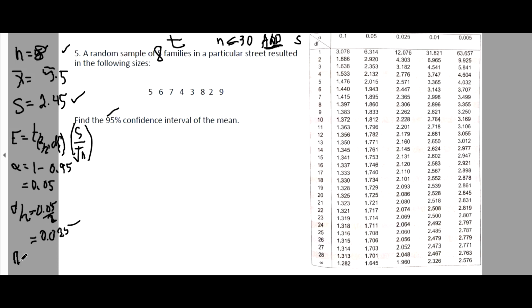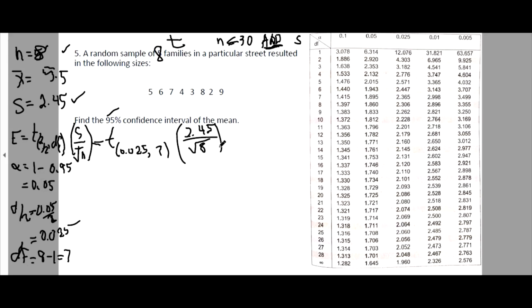And our degrees of freedom is 8 minus 1, which is 7. So therefore, we now have t sub 0.025 comma degrees of freedom of 7, times our s, which is 2.45, divided by our n, which is 8, so square root of 8.